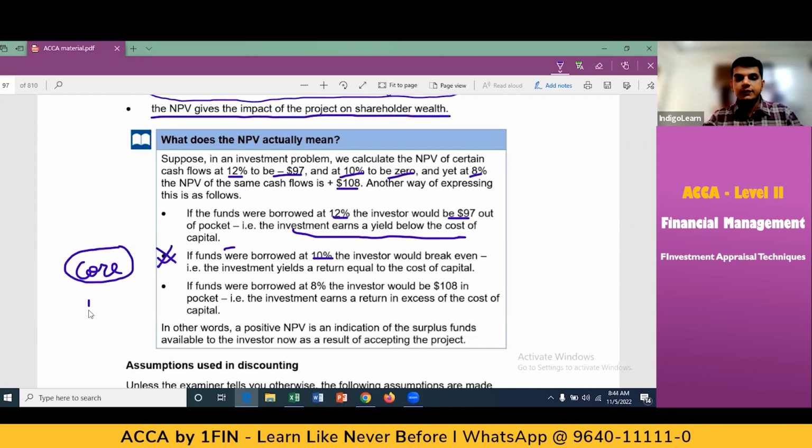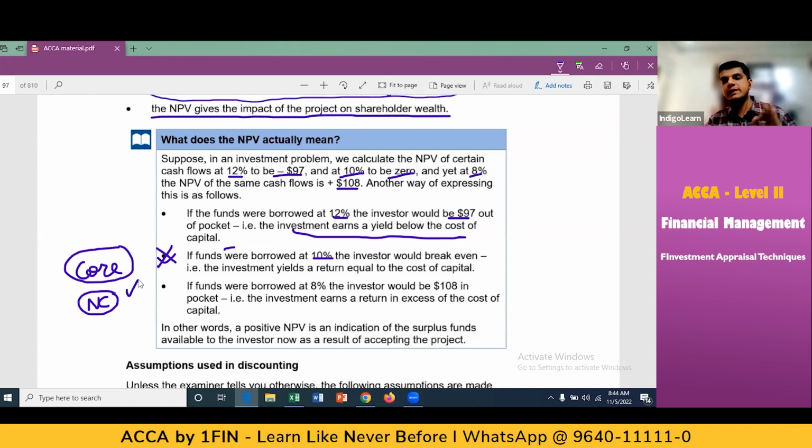But yes, if it is non-core, this is not your forte, it's just an obligation that you have to do for some ESG, environmental goals, social goals, governance goals, and you have to have this project because of some shareholders' or investors' expectation, then only you should go even with the project that is giving you NPV 0.